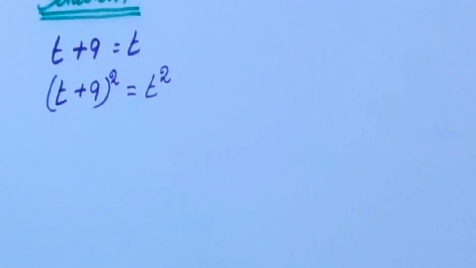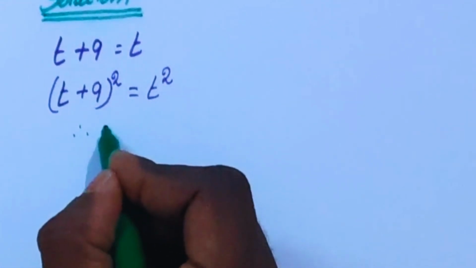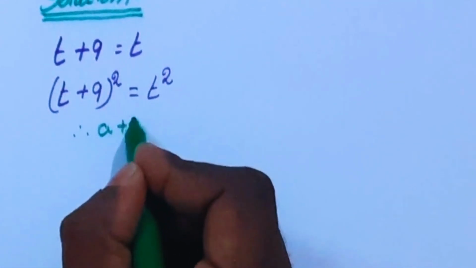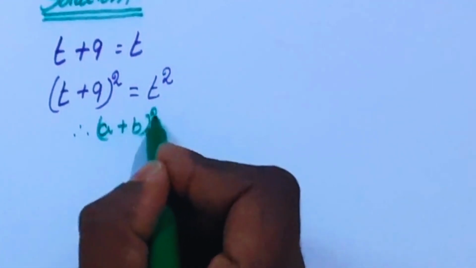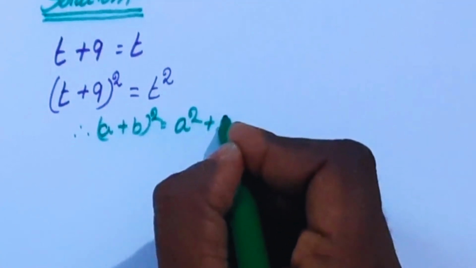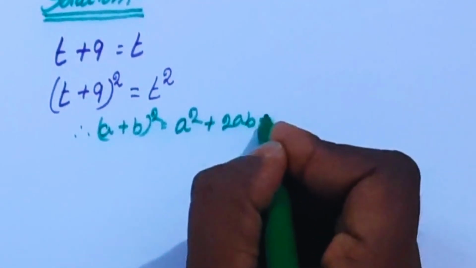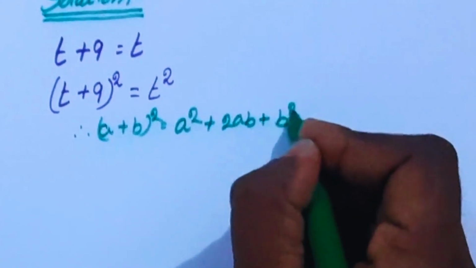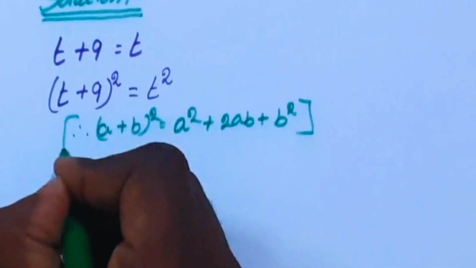Now we are going to apply this algebra formula, that is (a plus b) whole square equal to a square plus 2ab plus b square. This formula we are going to apply here.